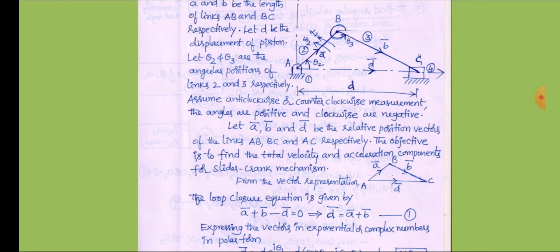D bar is the relative position vector of the slider with respect to the fixed link A, where theta 1 is 0 because the slider is at 0 degrees. Therefore D bar is equal to small d into e power i theta 1.